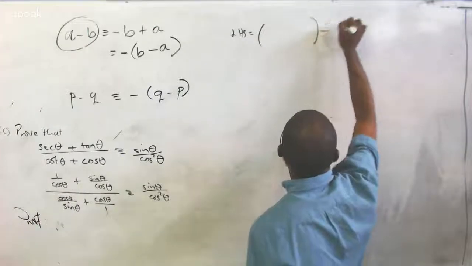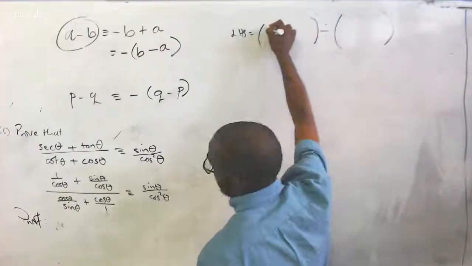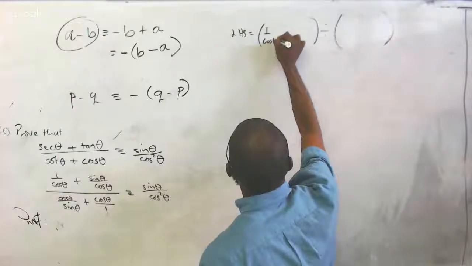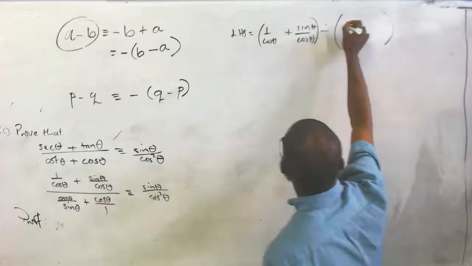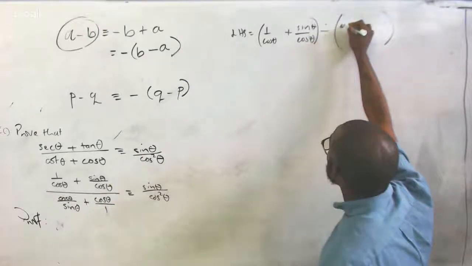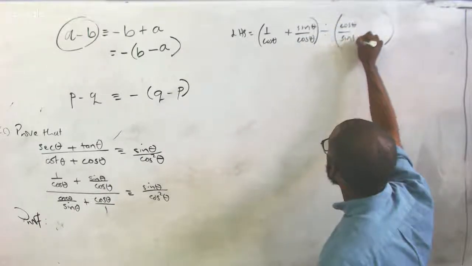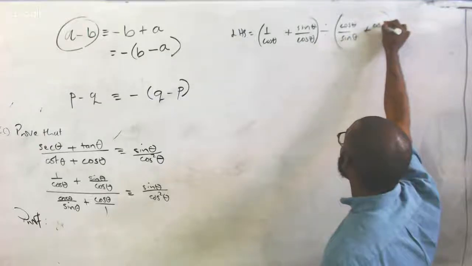So I have 2 brackets separated by a division sign: 1 upon cos plus sine theta upon cosine theta, and then this is cosine theta upon sine theta plus cosine theta upon 1.